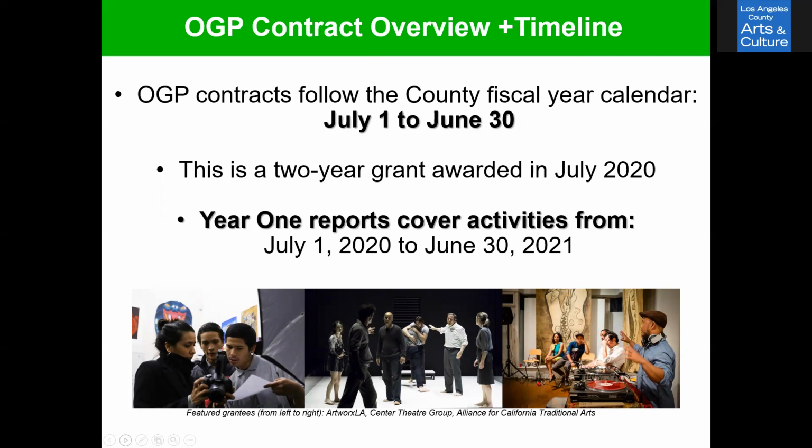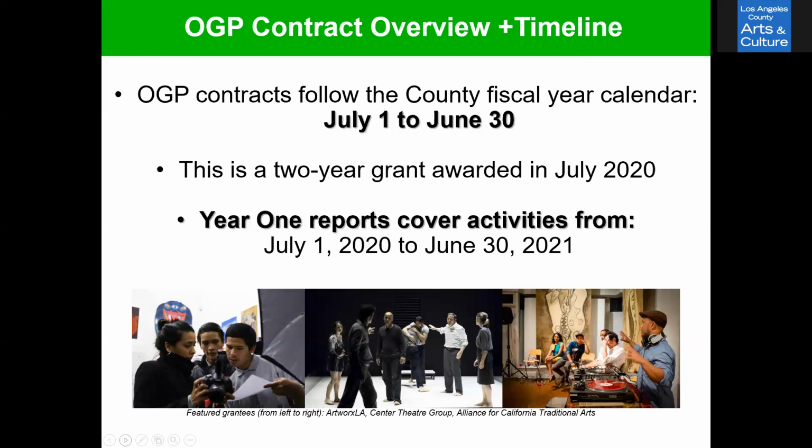You might have received the contract closer to August, but the contract is to cover any expenses between July 1st, 2020 to June 30th, 2021 for year one. Any expenses you've incurred will be part of this reporting. And it's okay if you haven't expended that funding yet, as long as you've incurred that expense by June 30th.